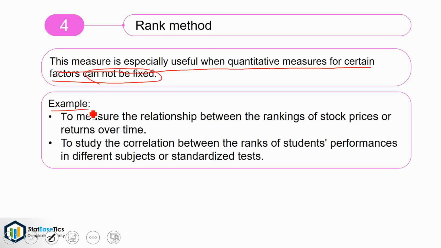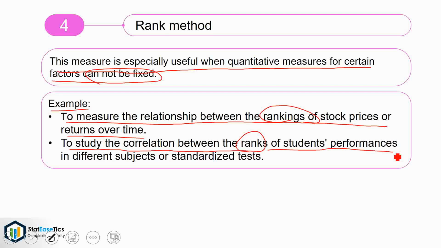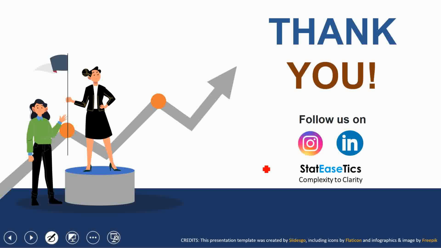For example, to measure the relationship between the rankings of stock prices or returns over time, or to study the correlation between the ranks of students' performances in different subjects or standardized tests.